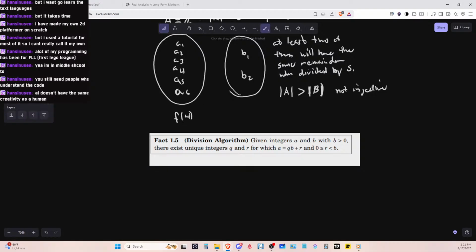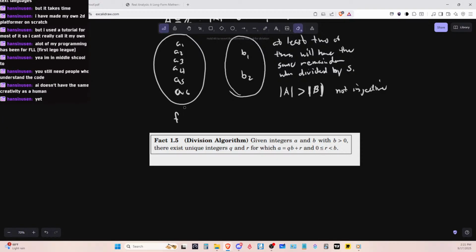So the function of I, where I is any number, is equal to, let's see, given the integers a and b, where b is greater than 0, there exists a unique integer q and r for which.